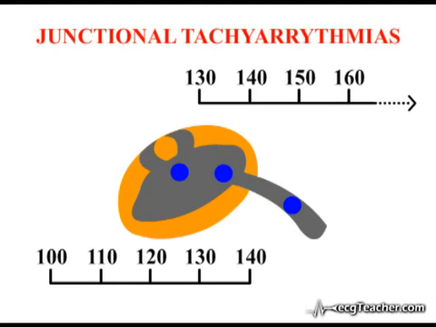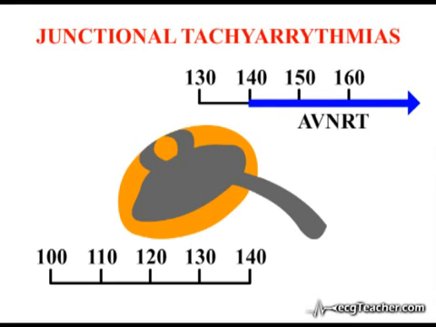Note therefore that with tachyarrhythmias arising in the junctional region, the heart rate allows us to make an assumption about the mechanism generating the arrhythmia. A tachycardia originating in the junctional region with a rate greater than 140 beats per minute is certainly AV nodal re-entrant tachycardia, while if the rate is less than 130 beats per minute, the tachyarrhythmia is labelled junctional.